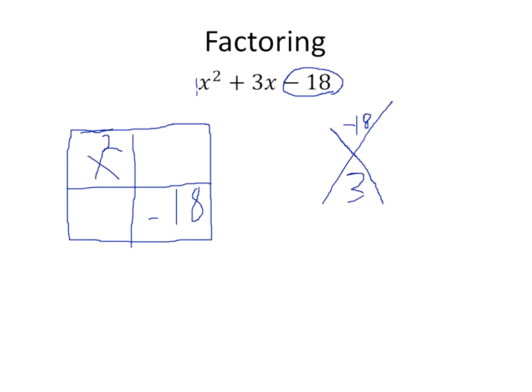So two numbers multiplied together to make negative 18 and add together to make positive 3. Figure out where those numbers go.